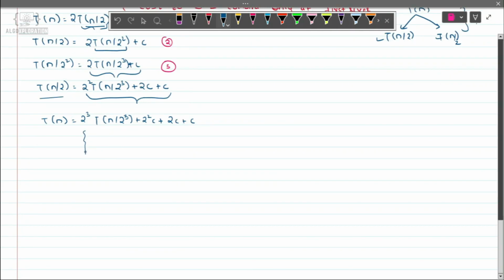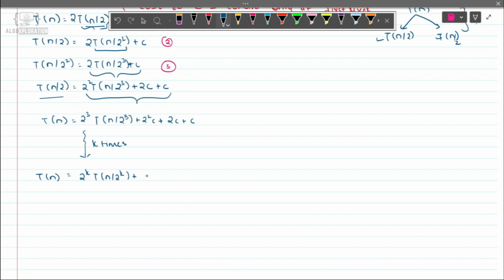If you do this for k number of times, we get T(n) equals 2^k T(n/2^k) plus 2^(k-1) into c plus 2^(k-2) into c and so on till 2^1 into c plus c.